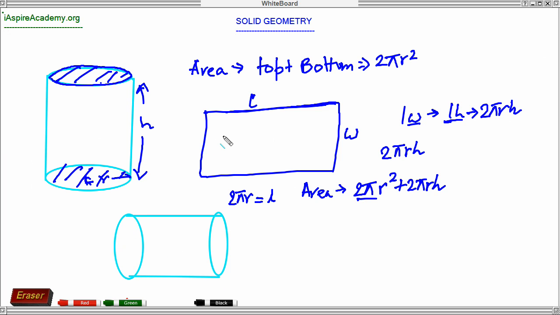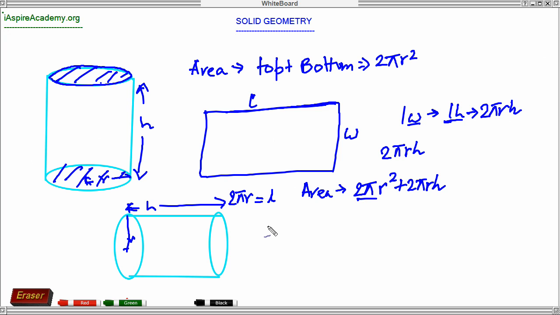But the same formula can be applied as long as you know which is R and which is H. So in this particular case, this is still R and this becomes H.